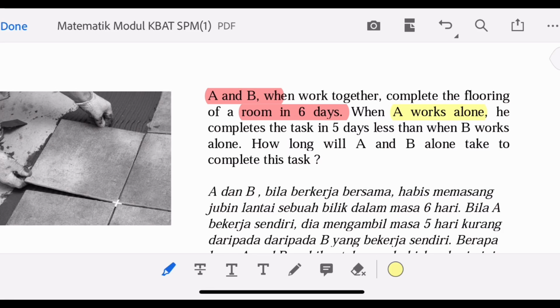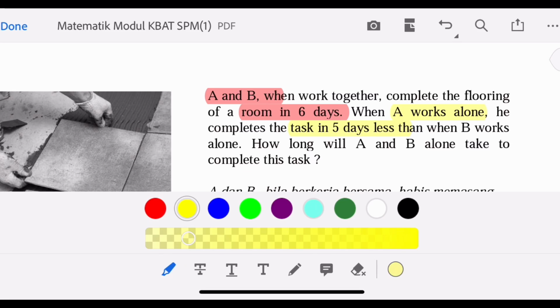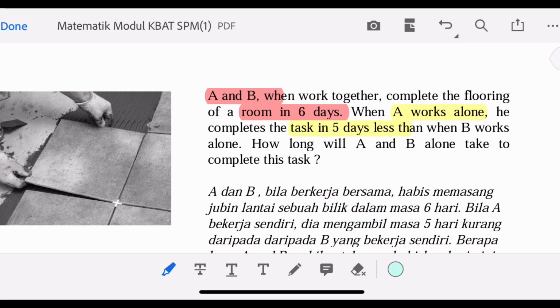Okay, the keywords are 5 days less. Then how long will A and B alone take to complete the task? Wow, this is a bit challenging, right?